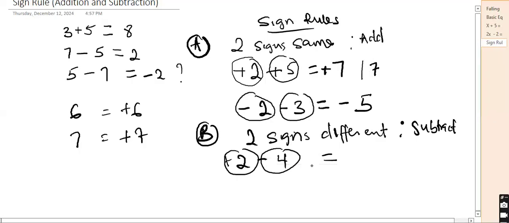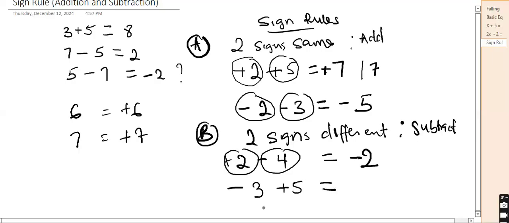So what do I do when the signs are different? I subtract. So 4 minus 2, I'll get 2. Then I put the sign of the larger number at the answer. So what's the larger number? 4. And what sign does it carry? A negative sign. So I'll place it here. Similarly, you can try this: minus 3 plus 5.